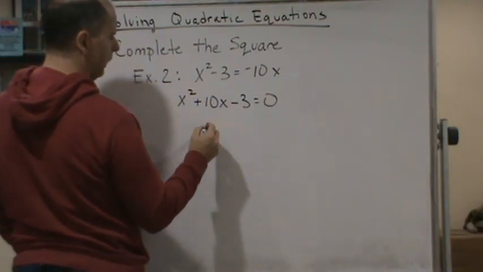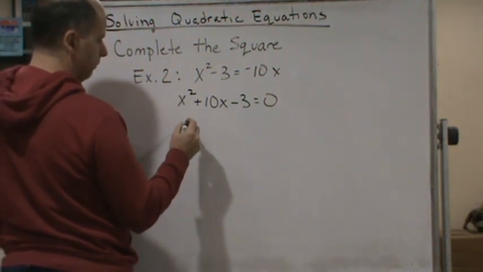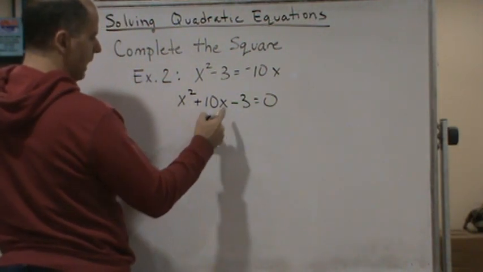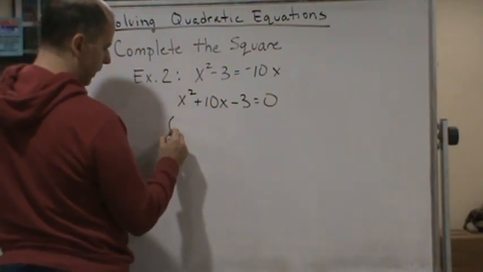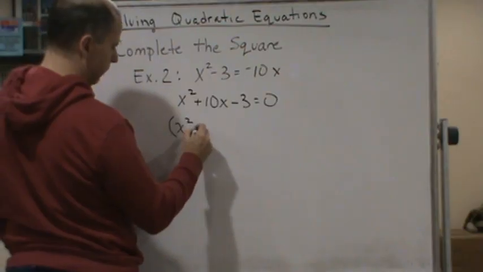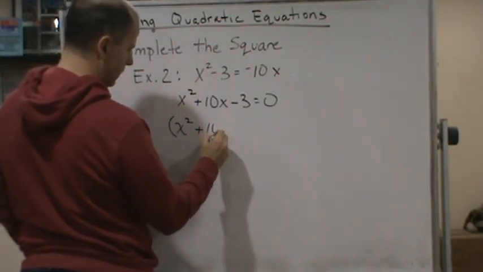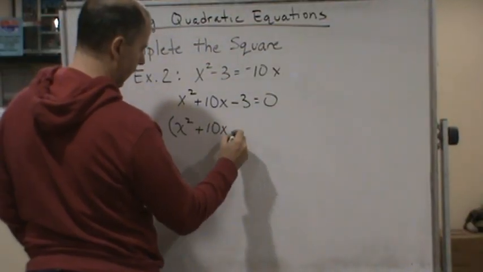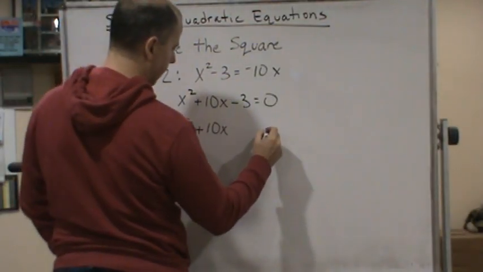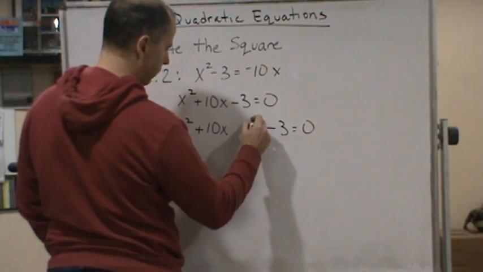So what I'm going to do is separate this. I'm going to put a parenthesis right here, so I'm going to group these two together, x squared plus 10x, okay? And I'm going to put minus 3 equal to 0 over here.